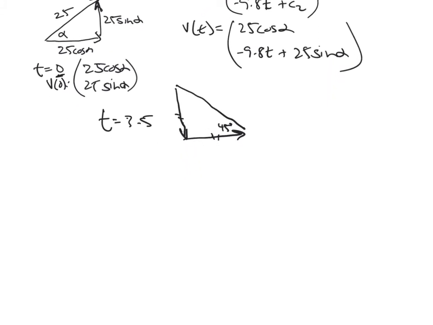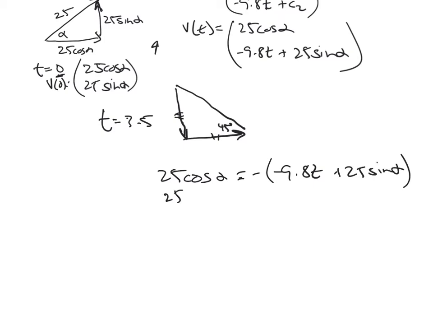And so I know because it's 45, the vertical and horizontal are equal to each other. Now, my horizontal is 25 cosine alpha. But because this is going down and up is defined by convention as positive, I'm going to multiply by the negative, as it's going down, negative 9.8 t plus 25 sine alpha.